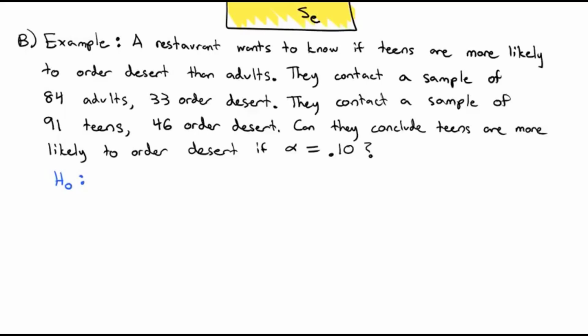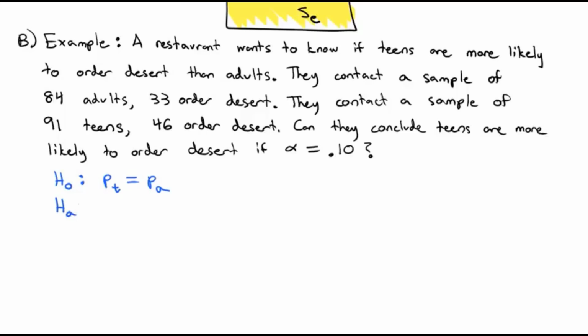So setting up our null hypothesis, the null hypothesis is always going to have equality. So the null hypothesis is that the proportion of the teens who order dessert is equal to the proportion of adults who order dessert. Notice I use a subscript on each of the p's so I know which one is which, T for teens and A for adults.